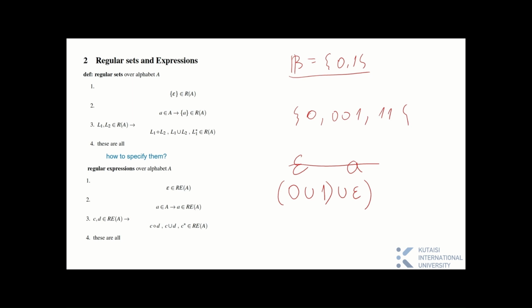And maybe then this is a regular expression. I'm not allowed to write parentheses as it's written here. However, I write them because otherwise I can come up with an order of the operations. But I might say that I always think that the parentheses are from the right or something like that. Or I always say that I always perform star first and then the union. I can come up with definitions like this.